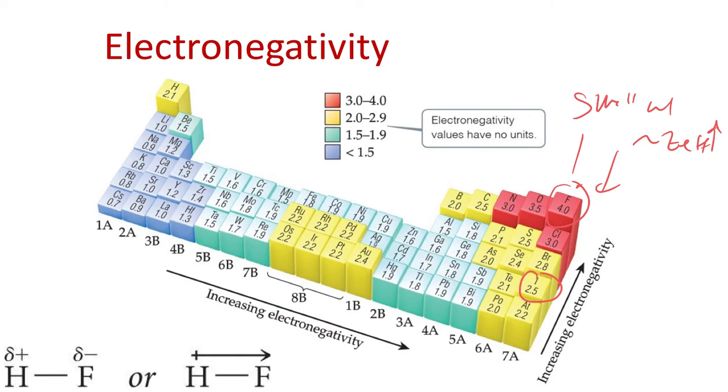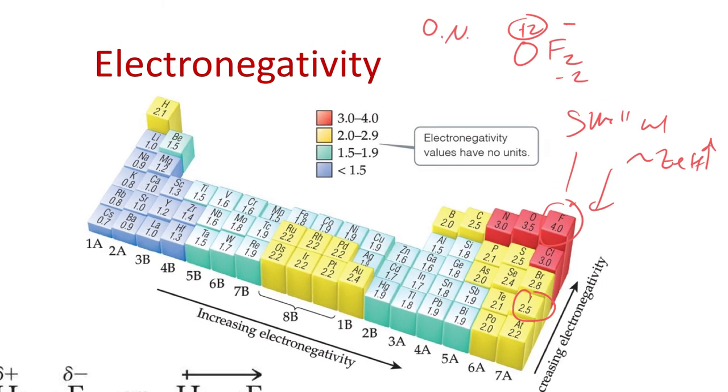Now, going back to a concept from chapter 4, when we were assigning oxidation numbers, we had molecules like OF2, and one of the rules for oxidation numbers is that fluorine goes negative and then oxygen adjusts itself accordingly to be positive. So the oxidation number of oxygen would be +2 and fluorine -1.